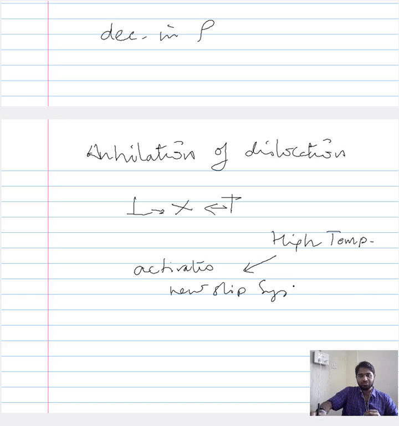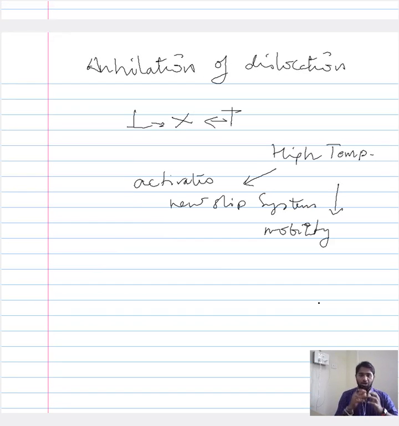It also increases the mobility of dislocations, and it helps in overcoming any obstacle present in their path. So, it increases the mobility of the dislocation, and it activates new slip systems.